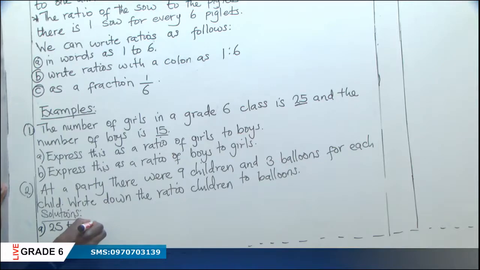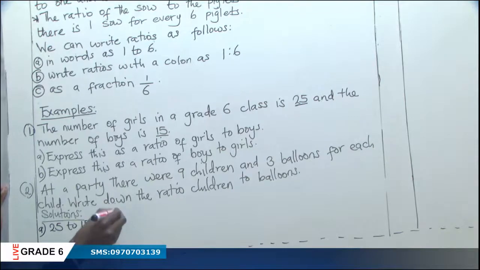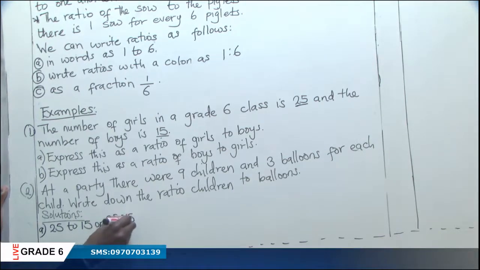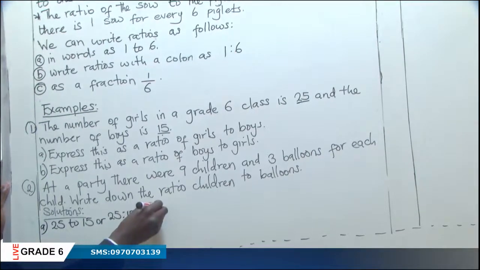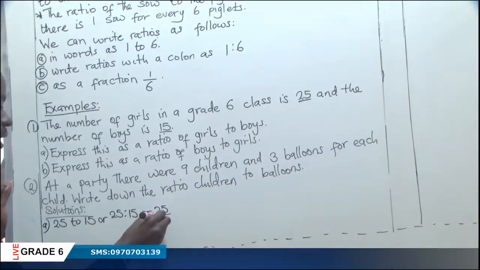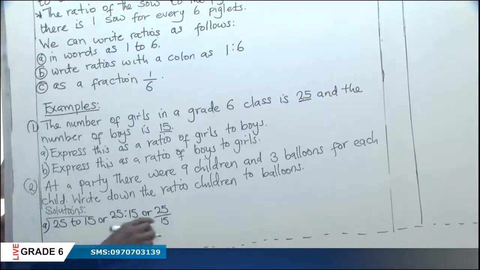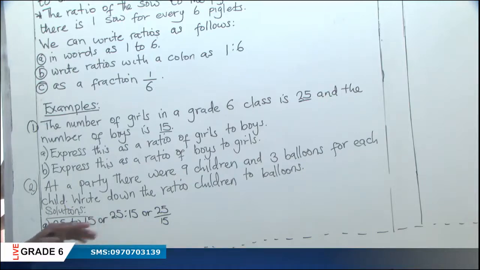You can write it with a colon, 25:15, or as 25 over 15. Any of these ratios are acceptable.